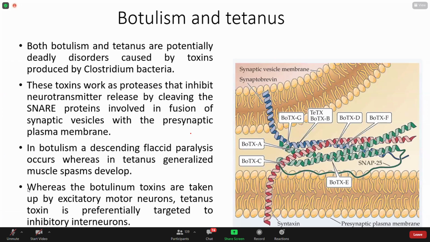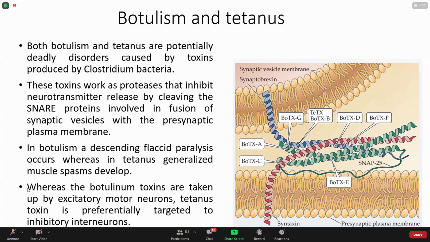These toxins inhibit neurotransmitter release by cleaving the SNARE proteins. Remember the SNAREs, which we mentioned in the fusion? These toxins cleave the SNARE proteins, thus disrupting the fusion of the synaptic vesicle with the membrane of the presynaptic neuron.